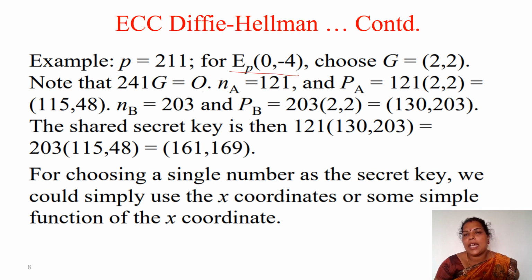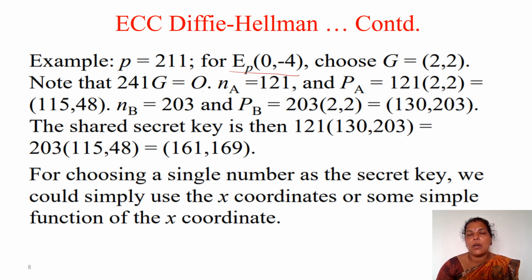Then nA equal to 121. The value is 121, and PA equal to 121 into G. So we are getting the value as (115, 48).